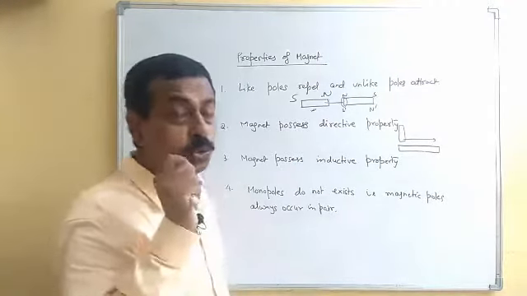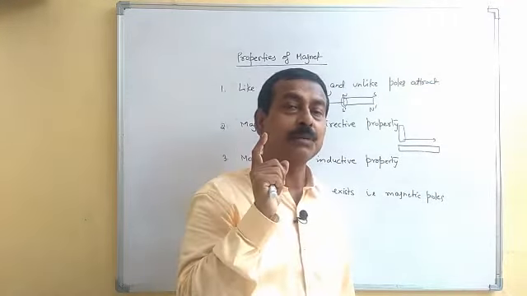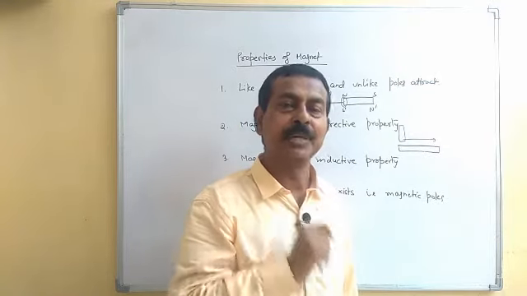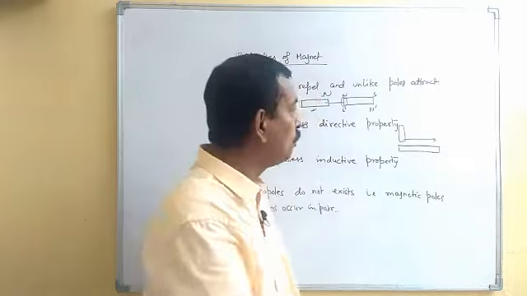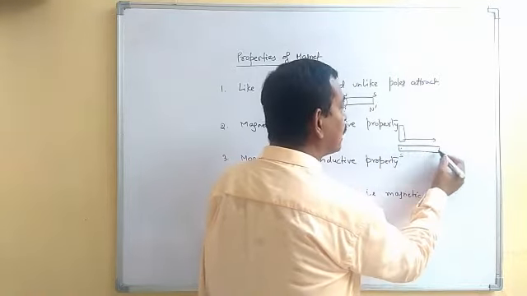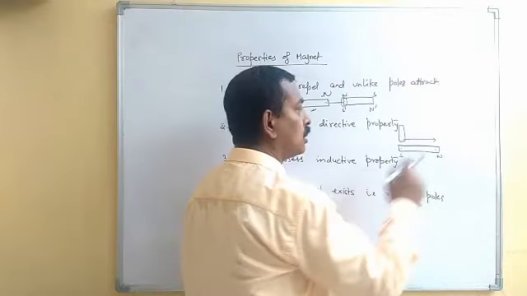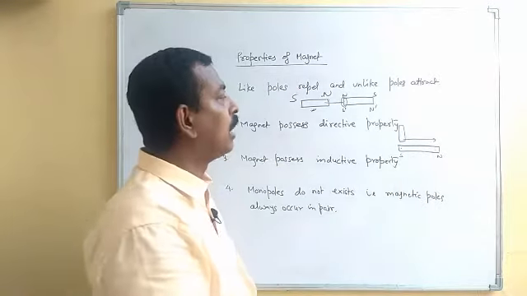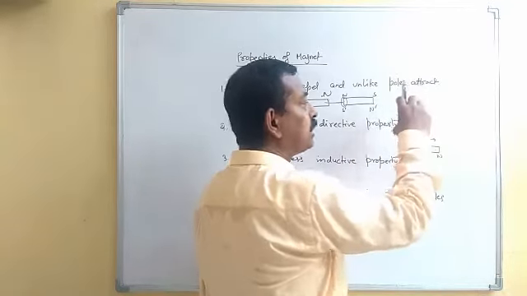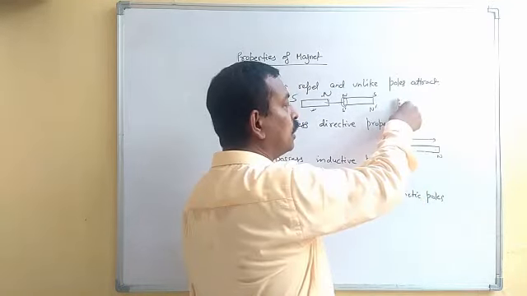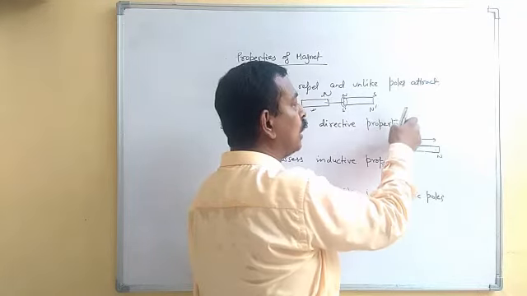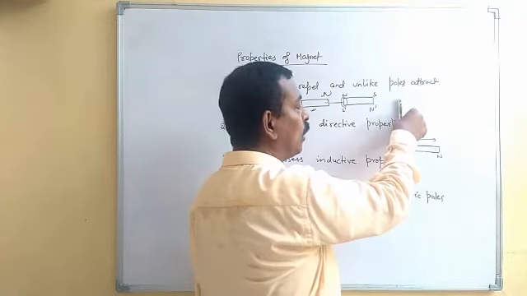Now you know that for a magnet, its magnetic property is maximum at the ends and minimum in the middle. So if we assume that this is the magnet which is kept on the horizontal surface, and the other one which we are moving is the iron piece, then if it is at one end, it is at the north pole or south pole, and the one end of the iron piece.